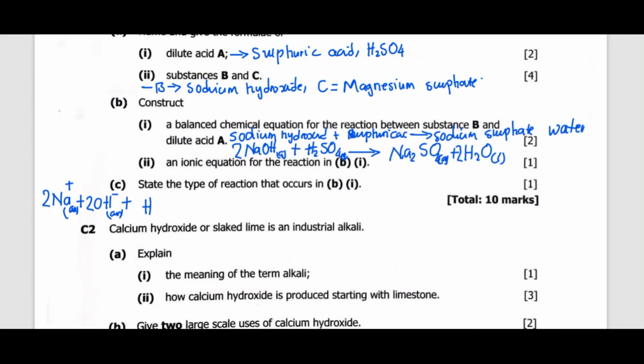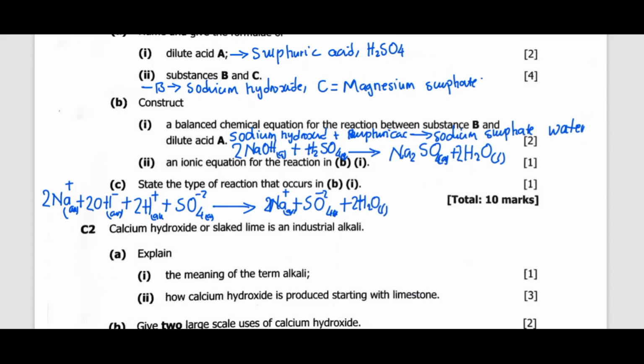Then hydrogen plus aqueous, then that 2 will come in front, plus the sulfate 2 minus. Then the sodium sulfate will also be in ions, sodium plus aqueous. Then we have 2 here, sulfate 2 minus plus 2 molecules of water, like this.